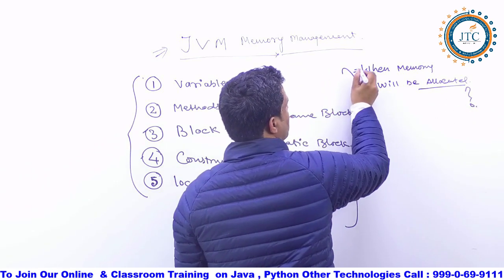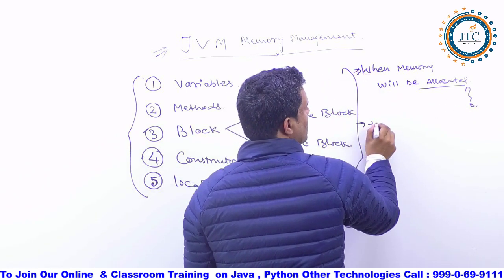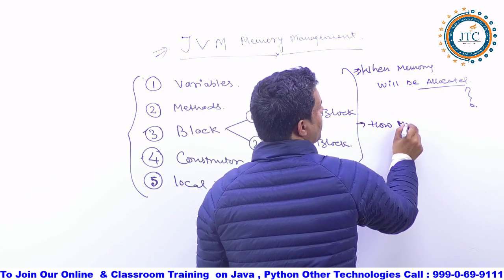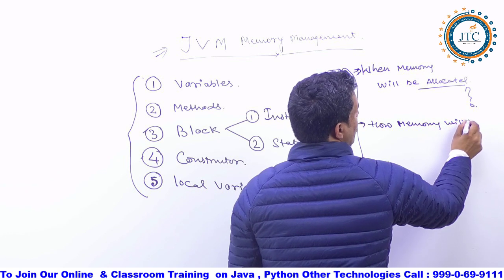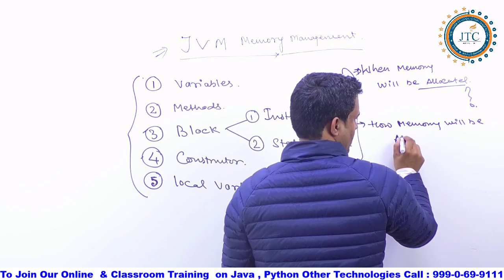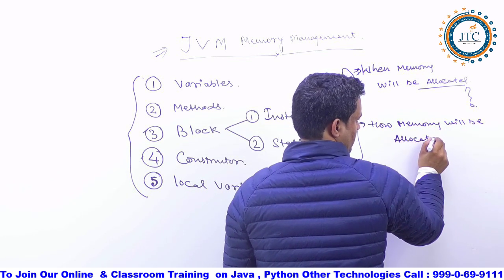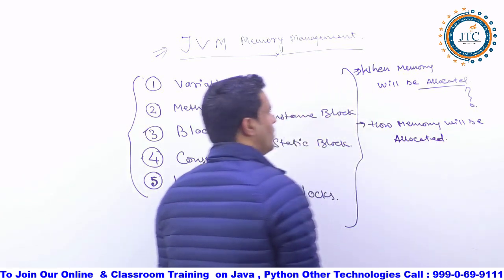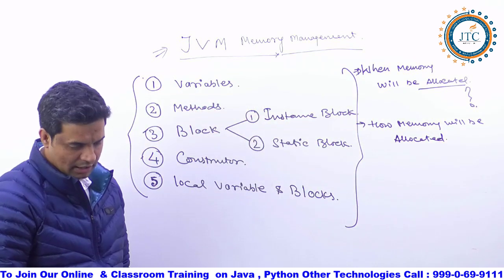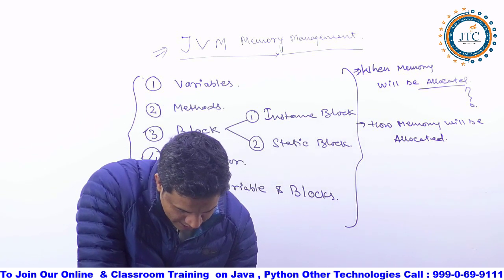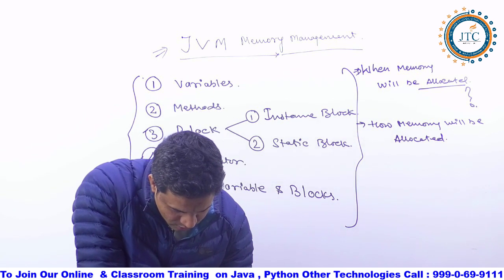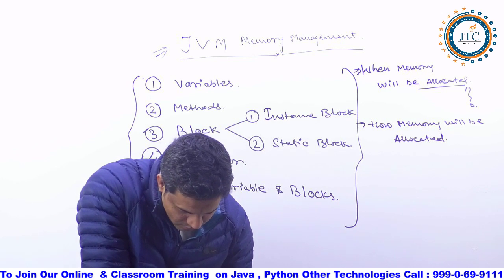First, when memory will be allocated, and second, how memory will be allocated. When and how memory will be allocated for all these things, this is what we are going to discuss today.